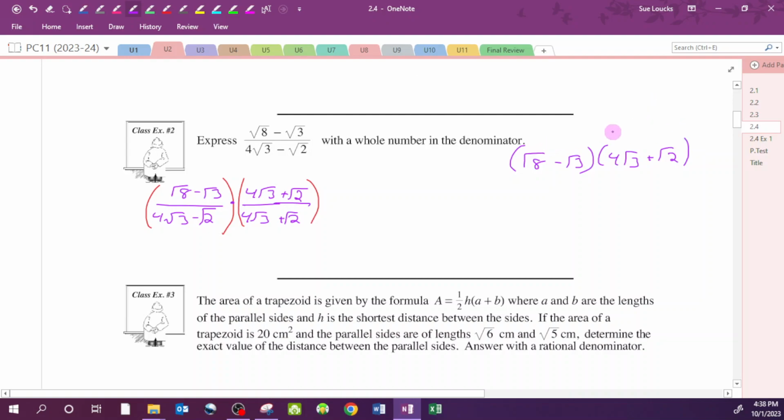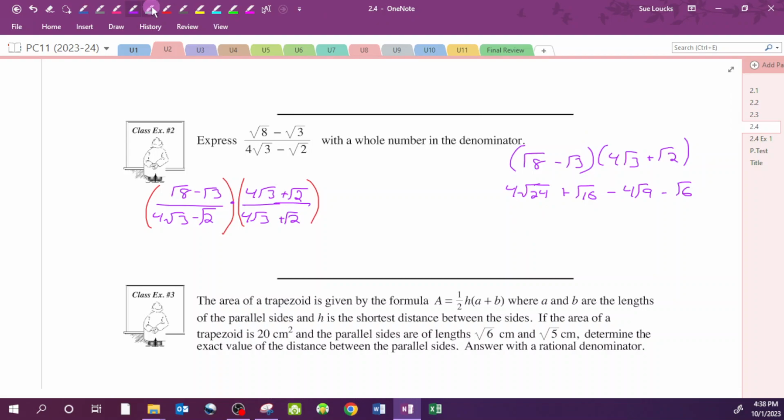All right, so I'm going to expand this. So this is going to be 4 times root 8 root 3, so that's going to be 4 times root 24. And then 8 times 2, that's going to be plus root 16, and then it's going to be minus 4 root 9, and then minus 2 times 3, it's root 6. Let's simplify this.